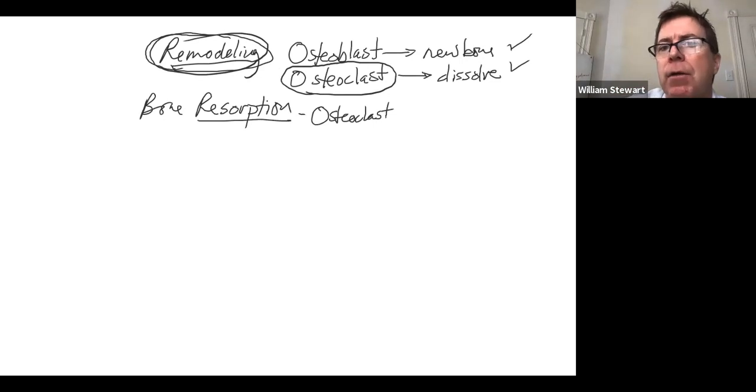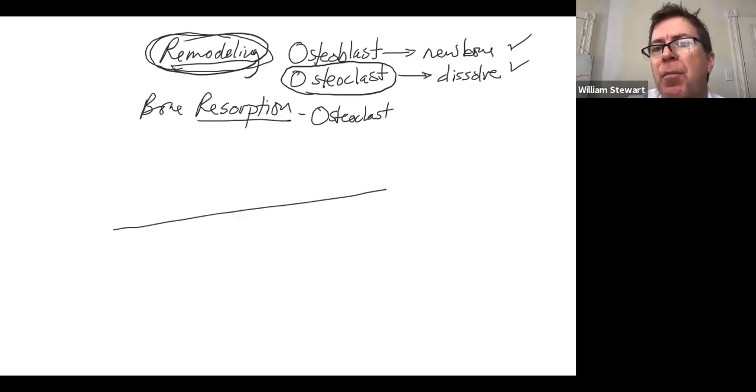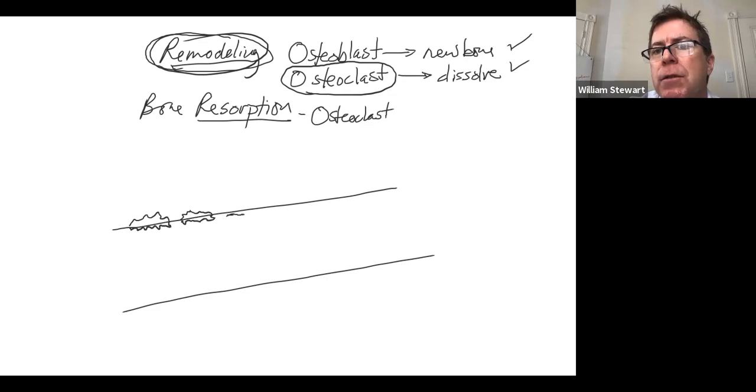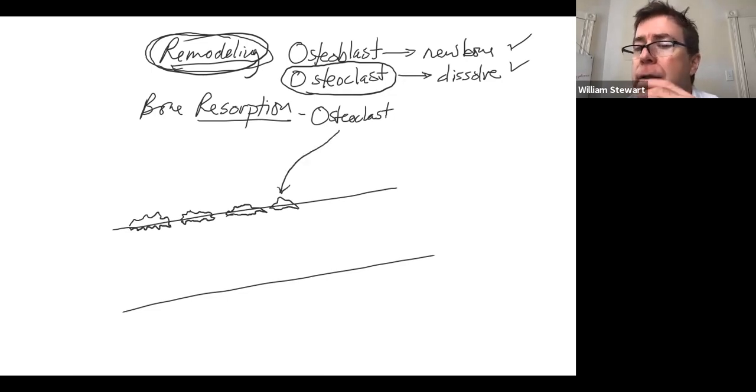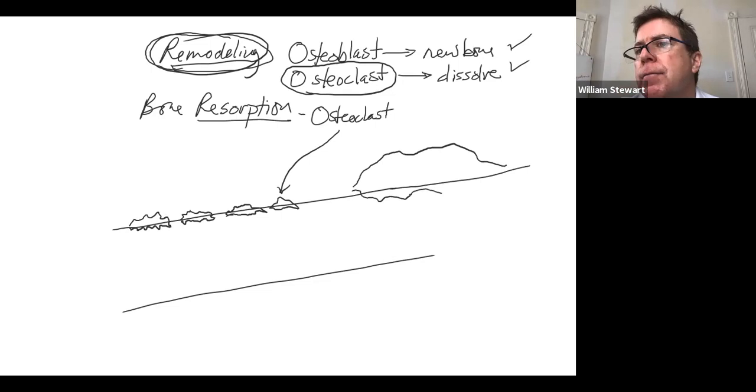How that works really quickly, if this is the edge of a bone, osteoclasts are these big, ruffled, multinucleate cells that exist close to the edges of our bones. These osteoclasts are multinucleate. That means they have more than one nucleus. They're very large. I'm going to draw a big one just so I can illustrate what's going on.